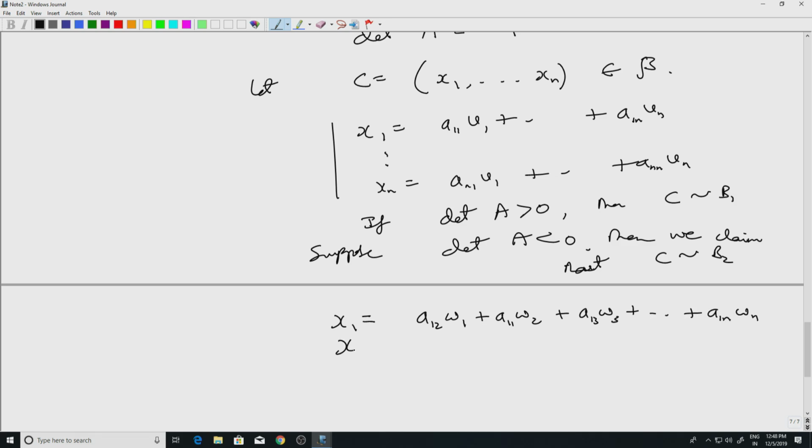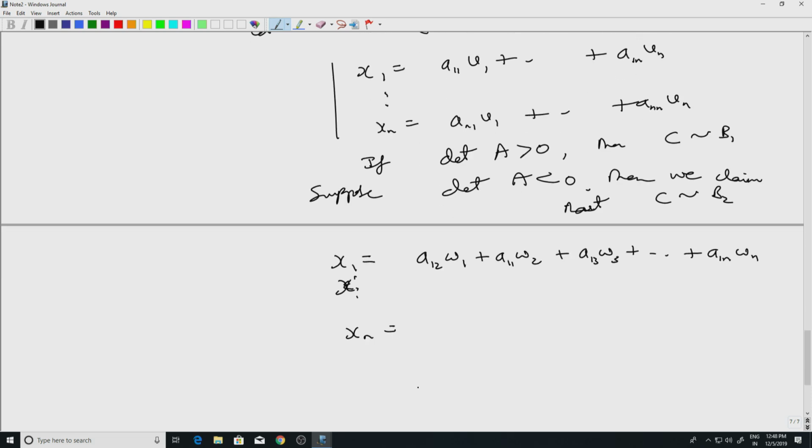And likewise, this will be done for all the terms. Xn is An2 W1 plus An1 W2, and then An3 onwards it would be the same, up to Ann Wn.